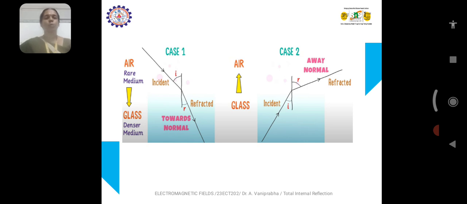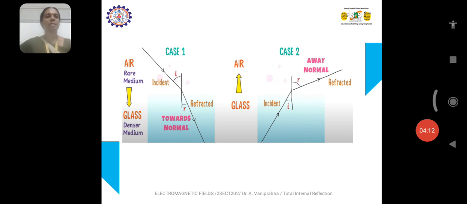Whereas in case 2, when the light ray is traveling from glass to air, the refracted ray moves away from the normal line. You can see the difference here. In the drawing it is clearly mentioned for better understanding. So the first case is the light ray travels from air to glass and the refracted ray moves closer to the normal line. When the light ray is traveling from glass to air, the refracted ray moves away from the normal line.